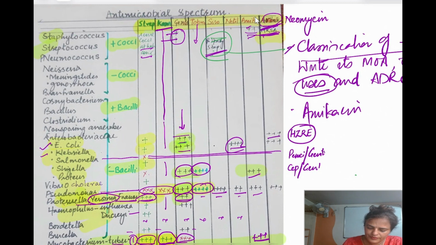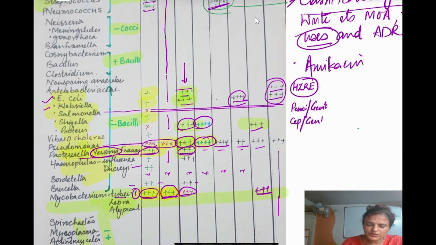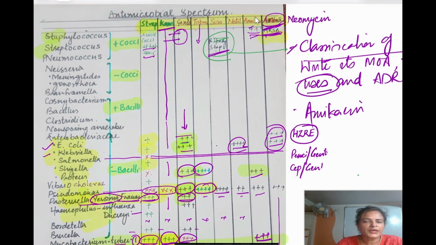Arbekacin got the FDA approval in 2017. So this is also effective against E. coli, then Klebsiella, Pseudomonas. Okay, so wide spectrum, but the toxicity of this drug is also the same. Okay, so these are various aminoglycosides and where we can use them.